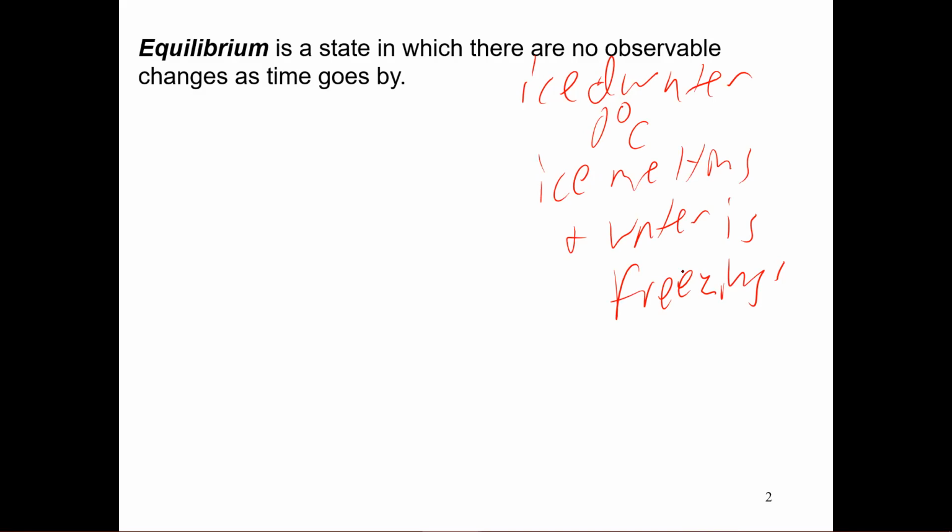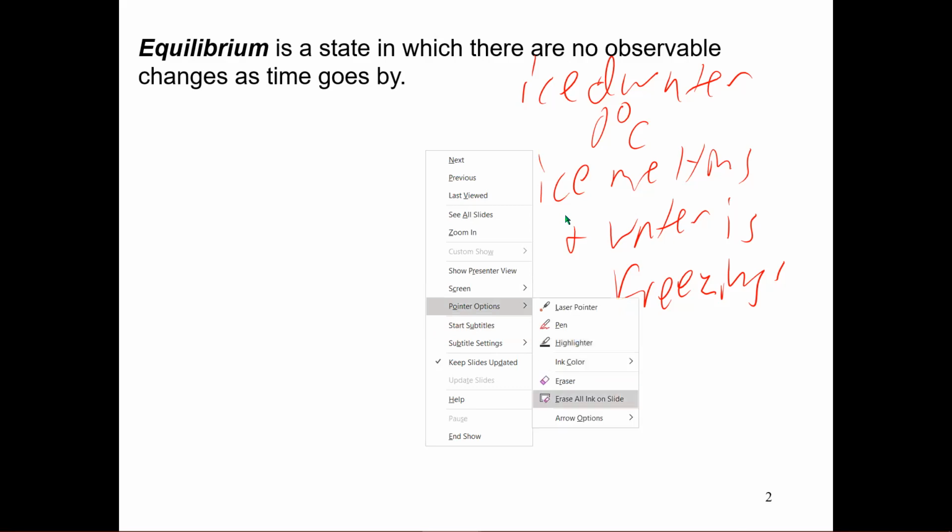There are two phases and they're at equilibrium as long as the temperature stays at 0 degrees Celsius. So that is an equilibrium state.